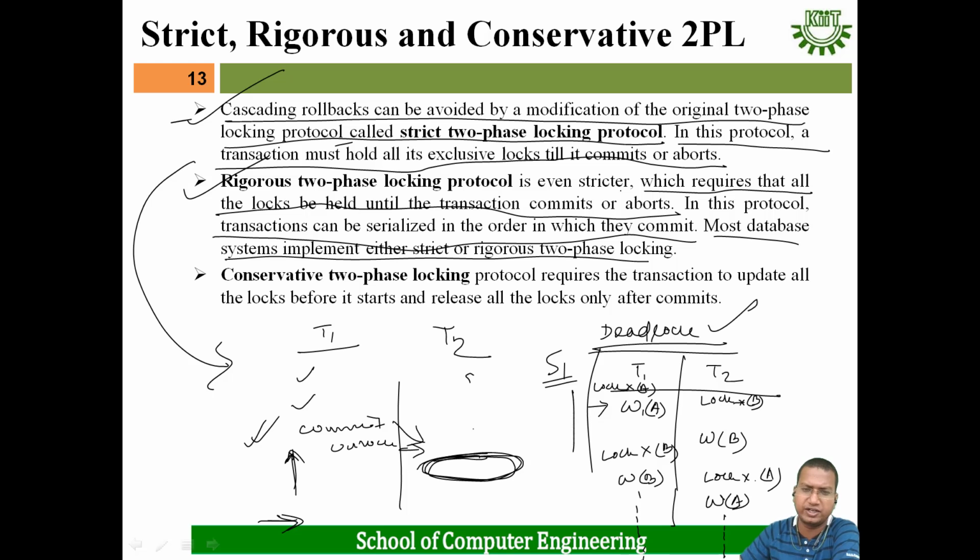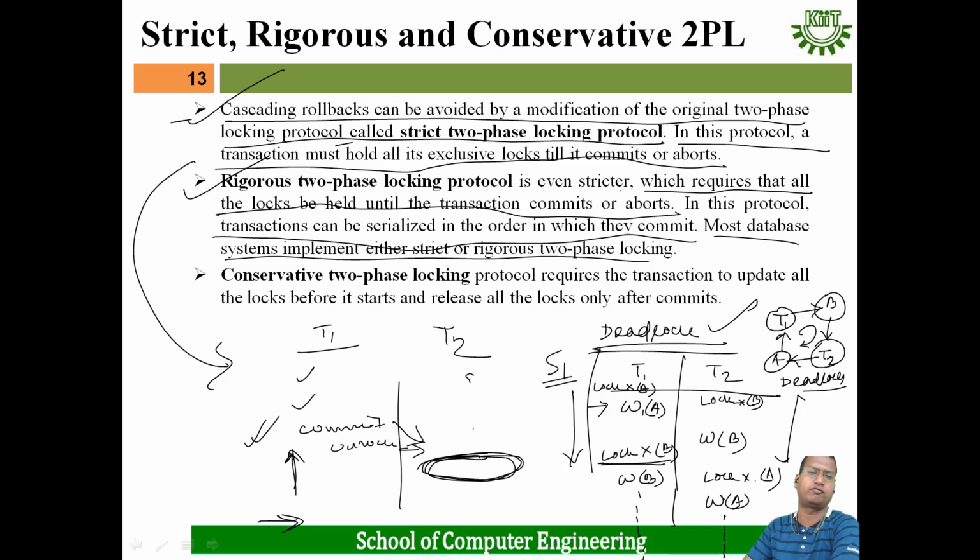Okay, this is your growing phase. I am telling about the growing phase only. Suppose transaction T1 is holding a lock on A, and transaction T2 is holding a lock on B. And T1 wants a lock on B, and T2 wants a lock on A. That means a cycle is present. That's why deadlock may happen in case of strict as well as rigorous two-phase locking protocol.